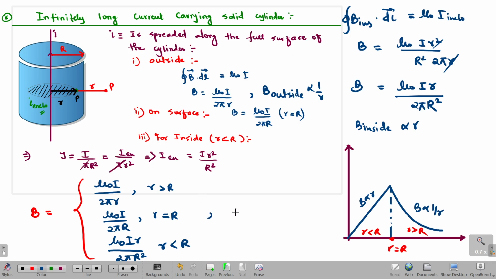And still, I think my B is equal to 0 at the axis. Is that clear or not? Write it fast. Okay, done. Can I move ahead? Okay, so do one question.